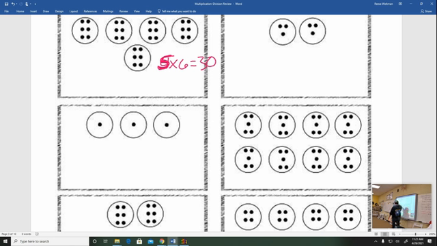Jack? It's a division problem. Start with the product. Start with the number of dots in the middle. 30 divided by 6, or 30 divided by 5, because there are 5 circles.